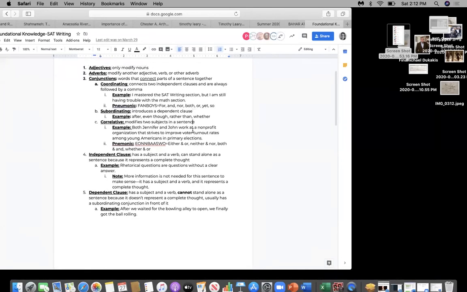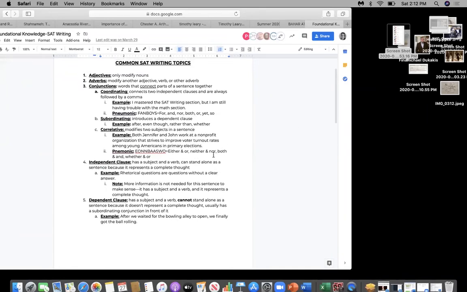And then the other type of conjunction that we want to talk about is correlative conjunctions. These are going to modify two subjects in a sentence.